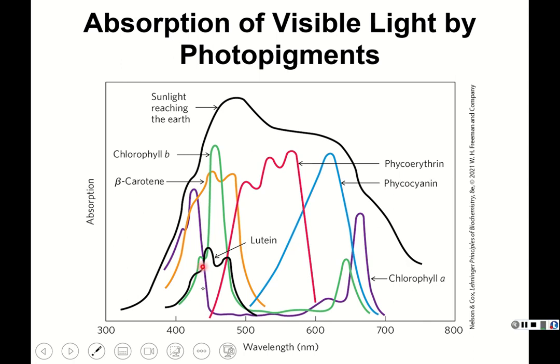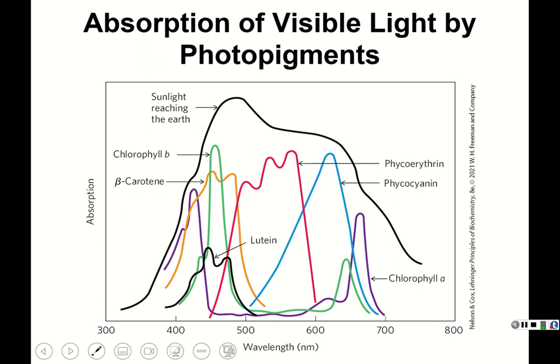Chlorophyll B is pretty similar, but now we've moved this peak in slightly and this peak in slightly. So that one little change in the structure creates a fairly substantial difference in the absorption peak. But you can see that together, you're absorbing pretty good chunks in the outer regions of the visible spectrum.